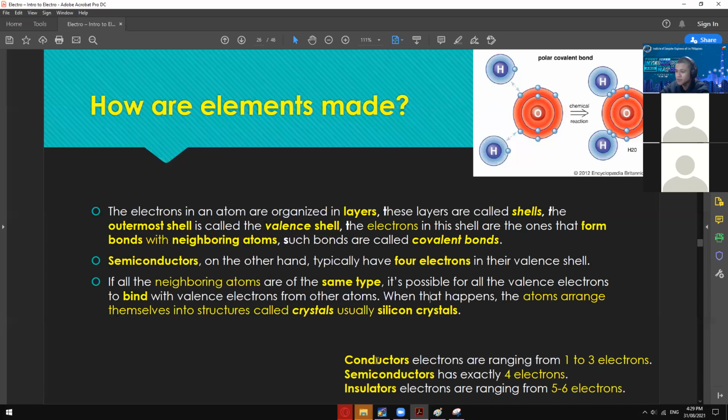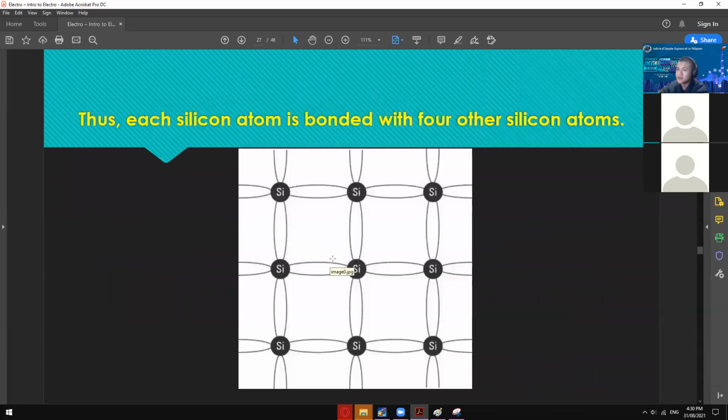Again, let's recall, this is what I was looking for earlier. Semiconductors have exactly 4 electrons. If it's more, like 5, that's already considered an insulator. If it goes lower, like 3, that's already considered a conductor. So this is the reason why silicon is the perfect semiconductor: silicon has 4 electrons, so this side, this side, and this side.